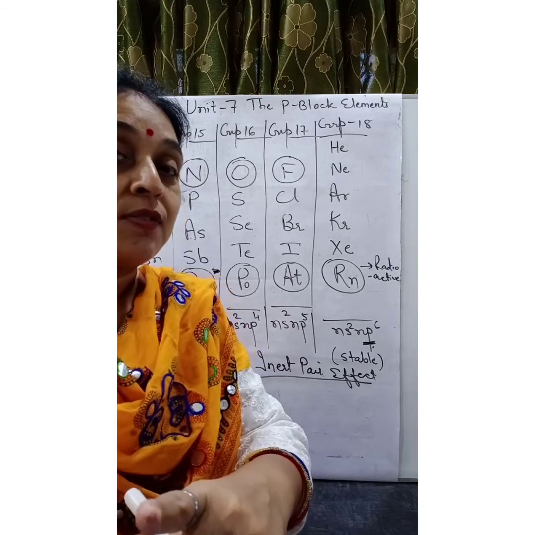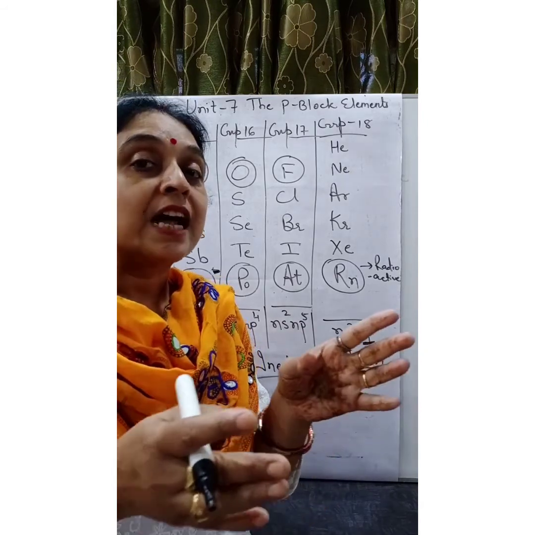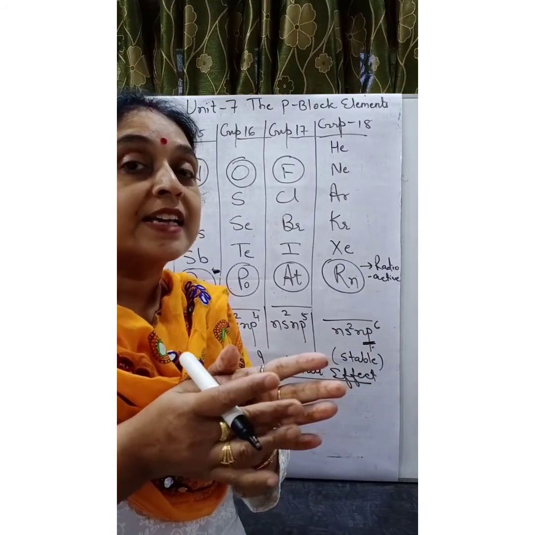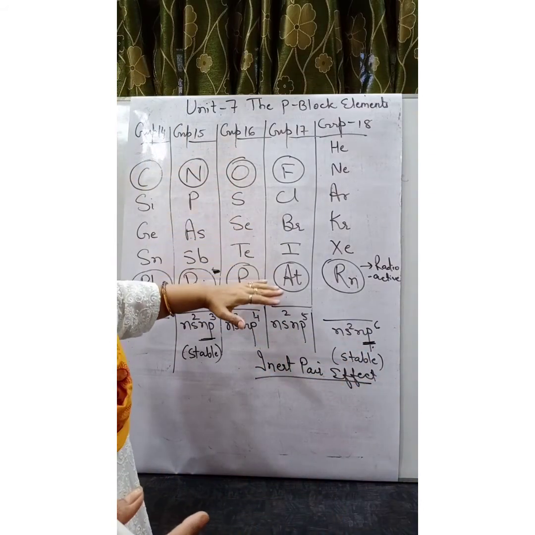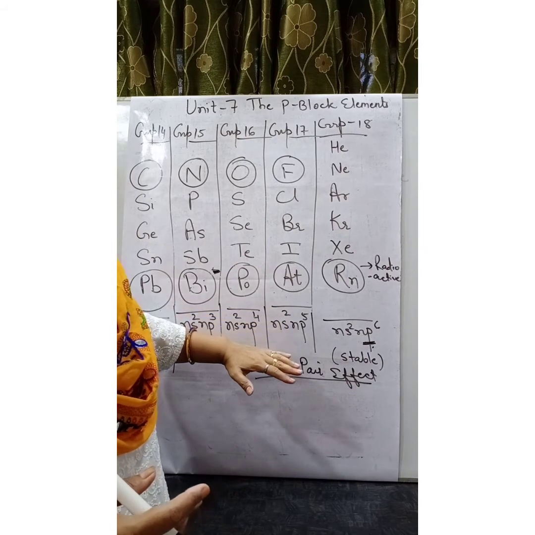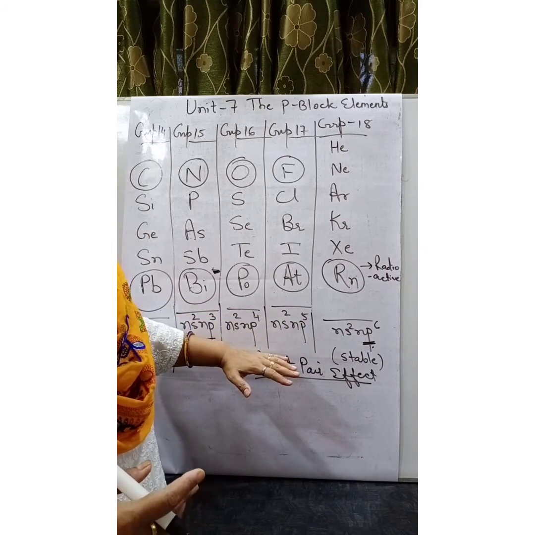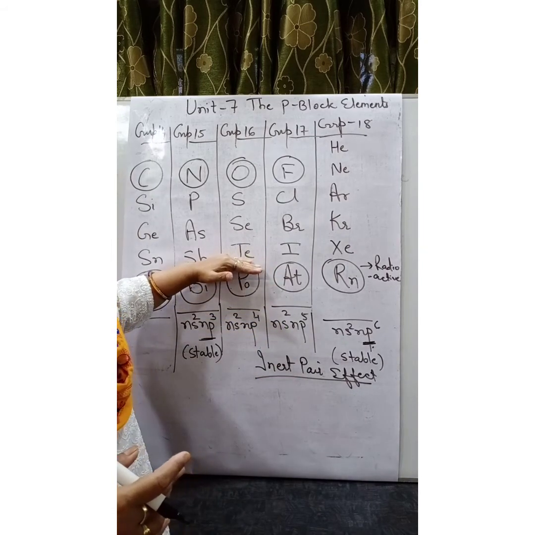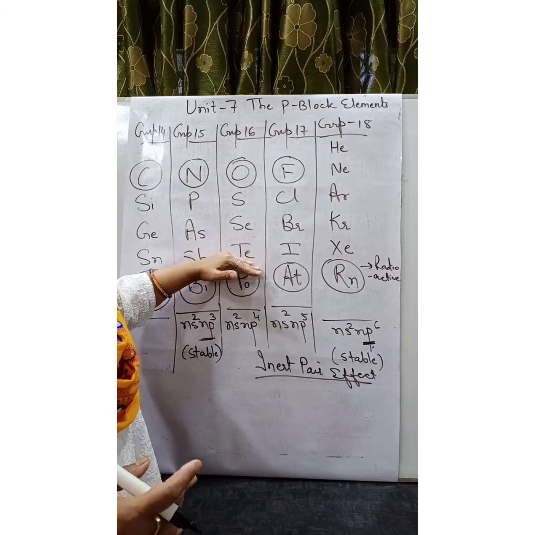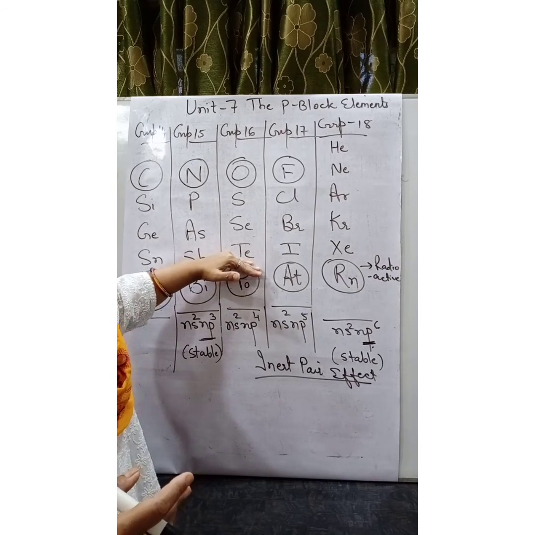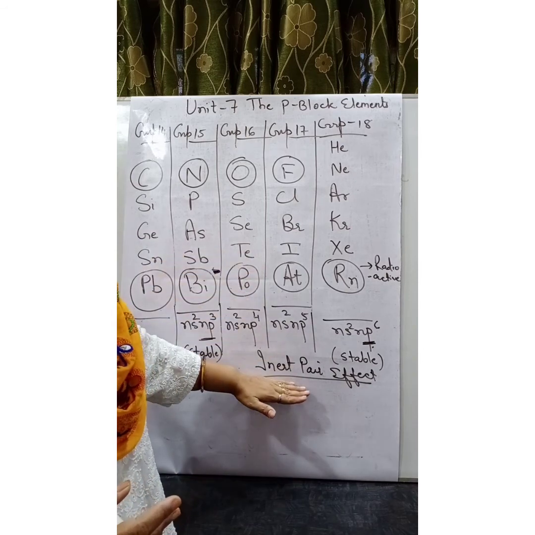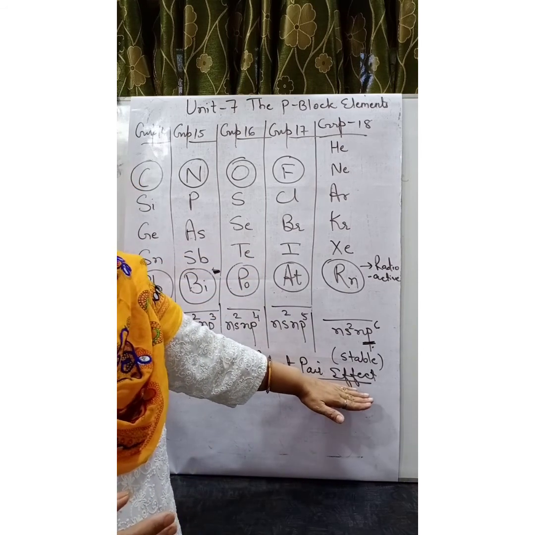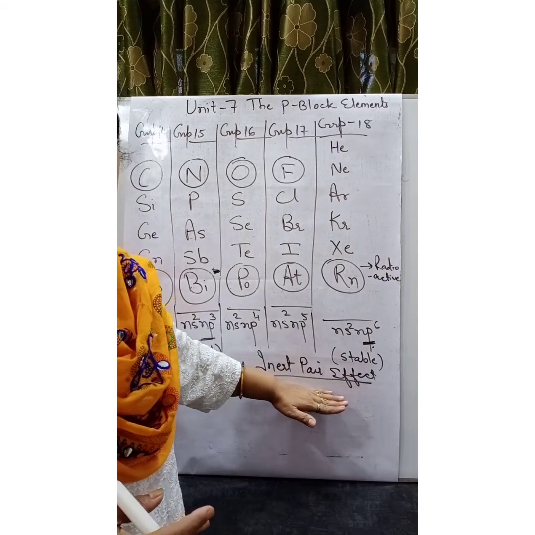Because of that, there is a sudden contraction in size instead of increasing. So a smooth increase in the atomic radius is not observed. When you reach the last member, suddenly you find a sharp decrease in the atomic size. So that is attributed to this phenomenon of the inert pair effect.